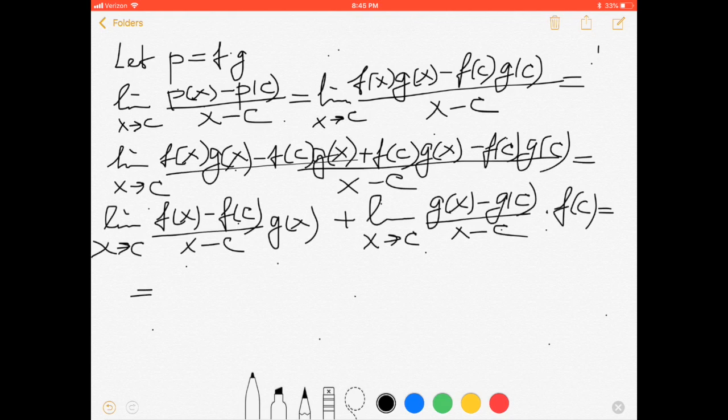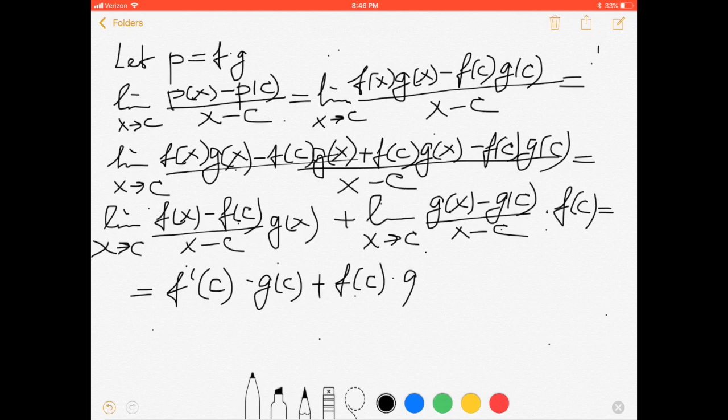And here we can see the fraction is the derivative, the value of the derivative of my function f at point c. This means f prime c times the second factor, which will be g(c), plus here we have f(c) times g prime c.